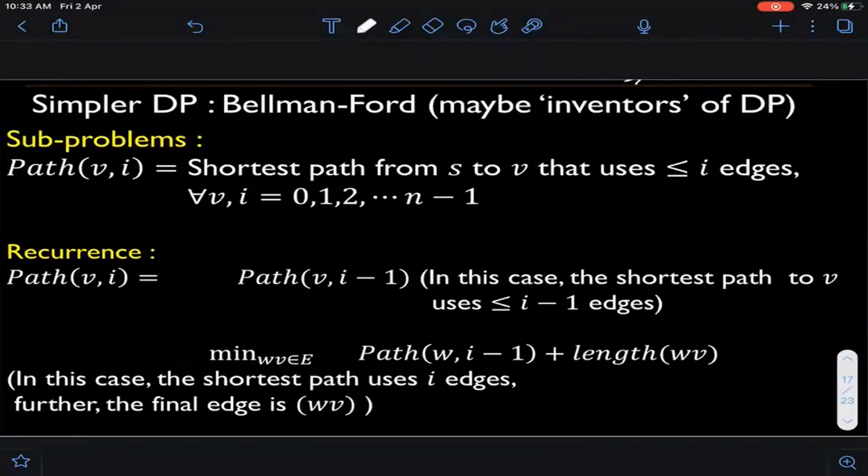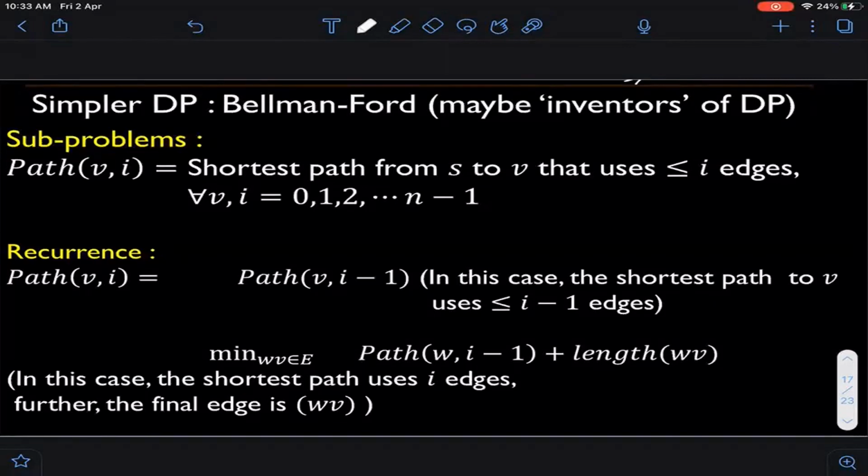So we defined this modified problem where either we return the shortest path from S to all the vertices, or we return that there is a negative cycle in the graph. If there actually exists a negative cycle, we don't have the liability to produce the correct shortest path, but we should output that there is a negative cycle.